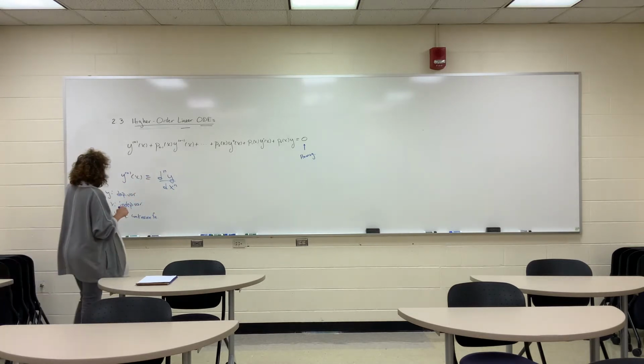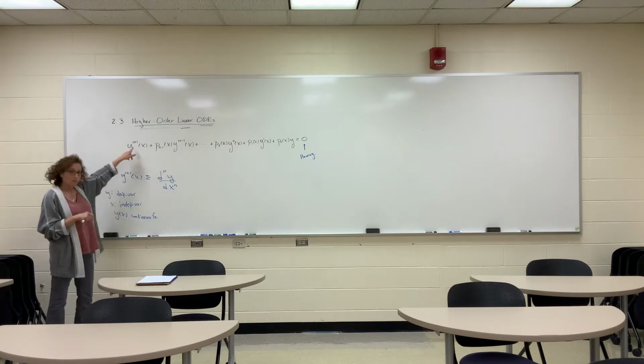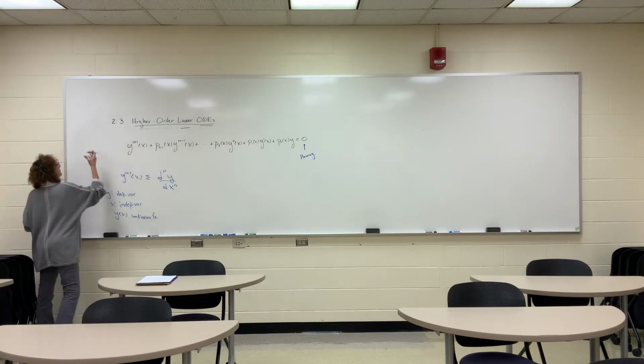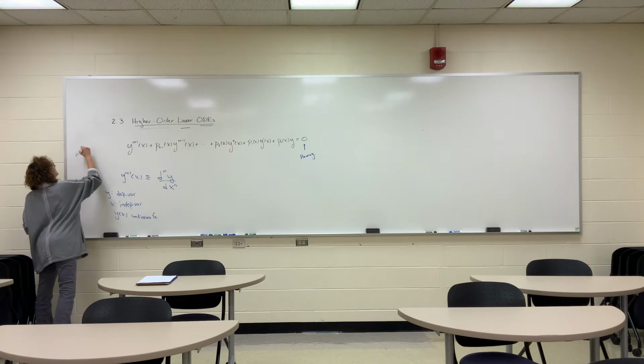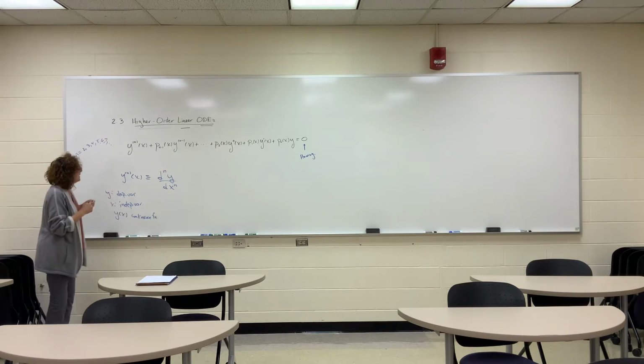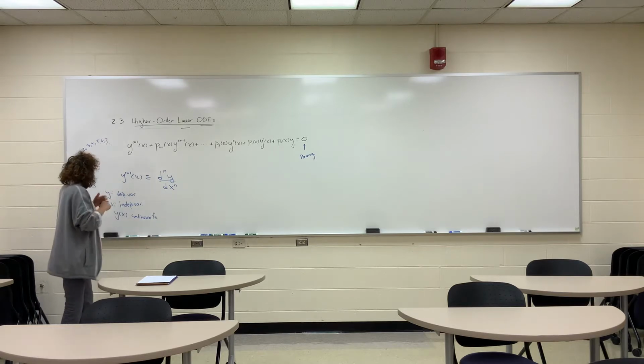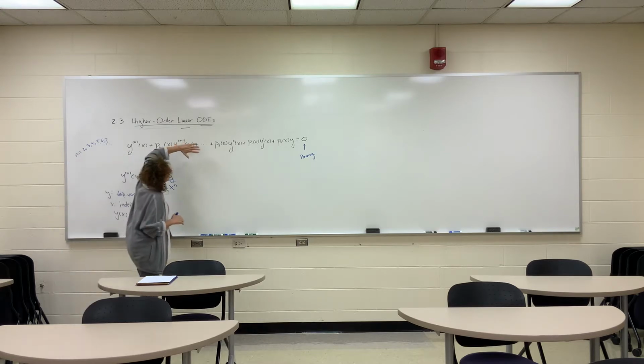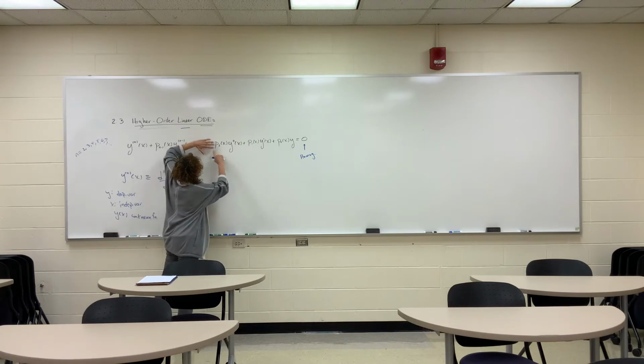So n could be anything: 2, 3, 4, 5, 6, 7, on and on. When we specialize down to n equals 2, we'll have our second order non-constant coefficient ODE, so that will give us the theory for that.